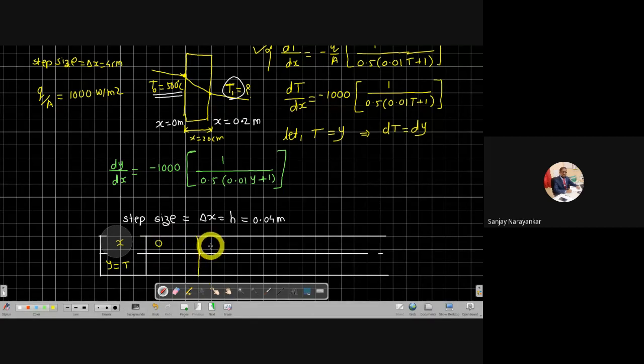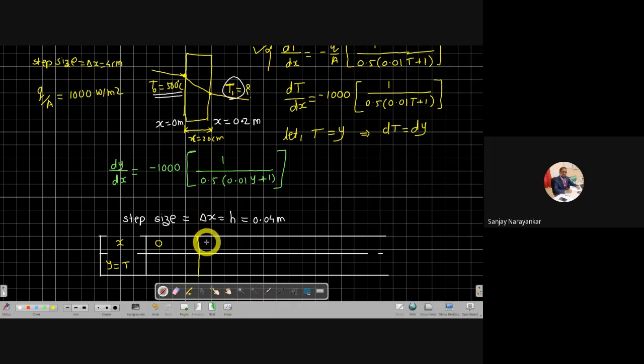Next, what should be the next value? T is a function of x. Temperature is a function of x. The total slab width is 20 centimeter. That is 0.2 meter. And the step size is given as 0.04.